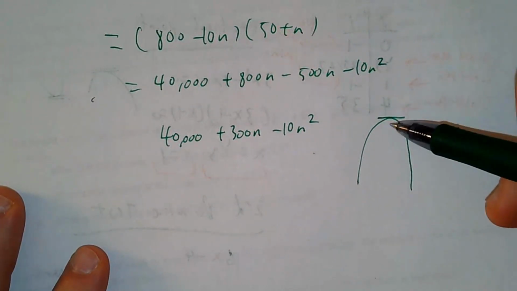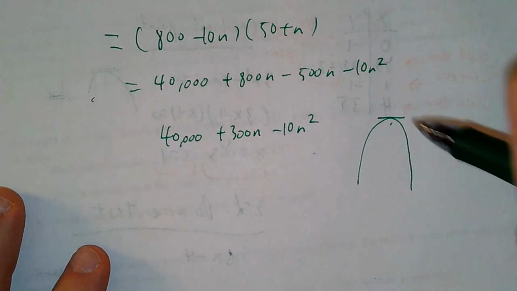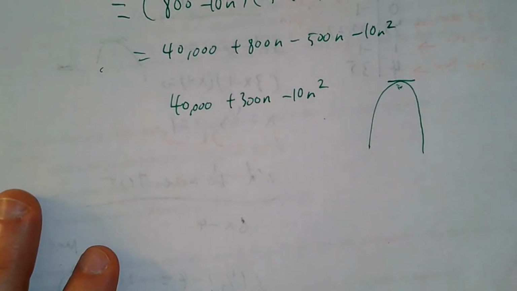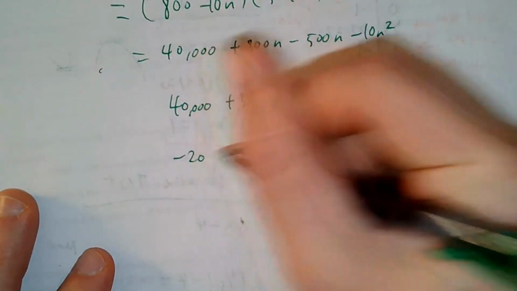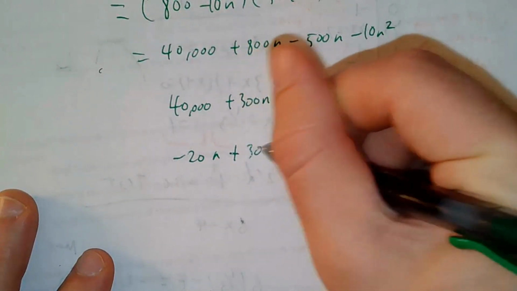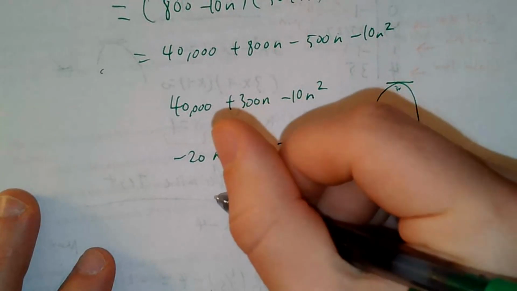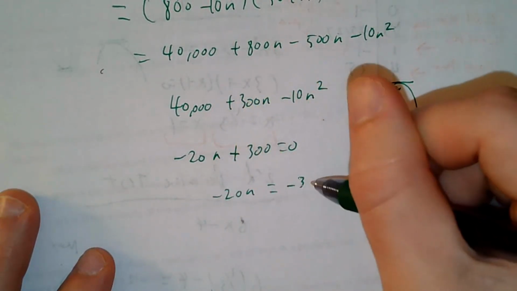So the way that you find that top, just like we did in the candidates test, you take the derivative, you set it equal to 0. That's going to give you the top. That's going to tell you where the maximum is. So let's do that. Derivative of this is negative 20n plus 300. I'm going to set that equal to 0. Move the 300 over. We get negative 20n equals negative 300.